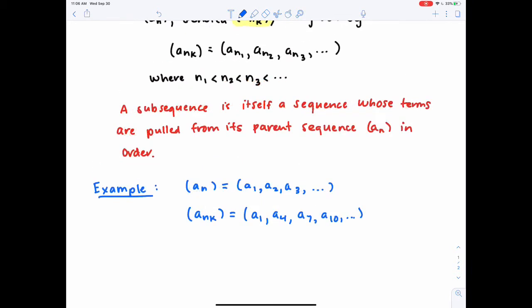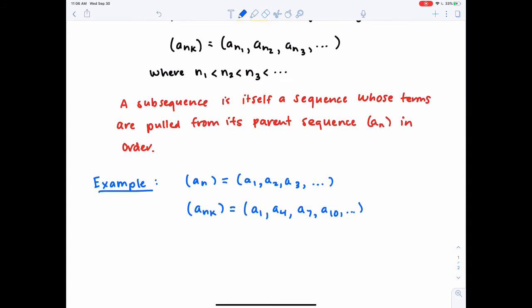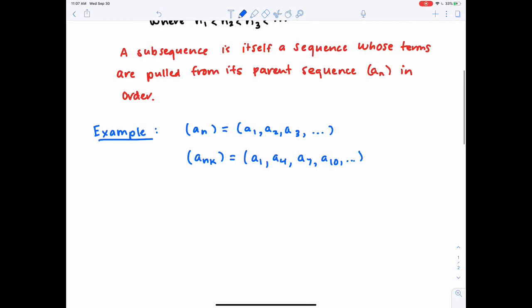So just to put this in the context of the notation, I would pause your video and say, what's n_1, what's n_2, what's n_3, what's n_4. So pause your video, ask yourself, what should n_1 be equal to? What is n_2 equal to? Remember, these are the subscripts of the values in the subsequence.